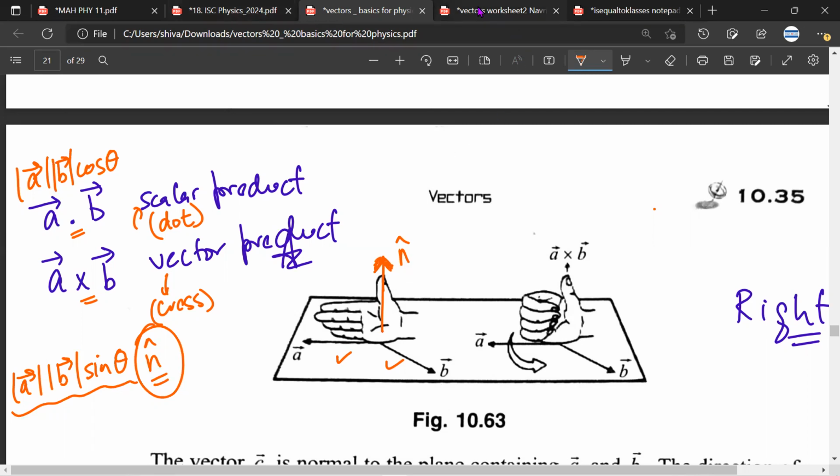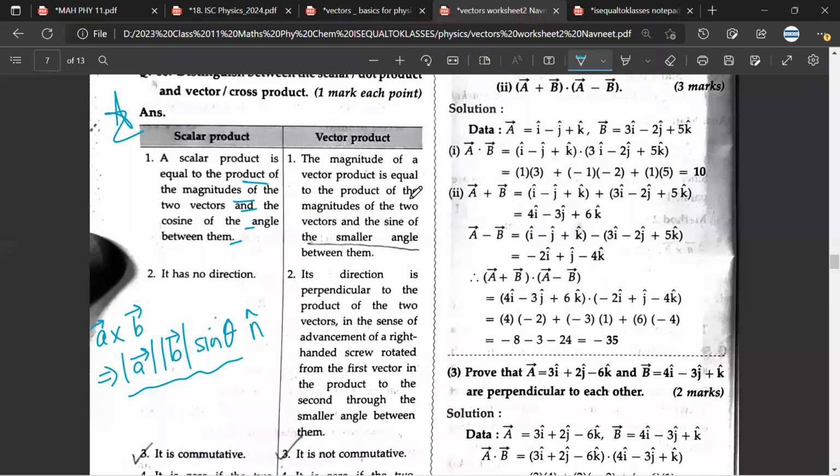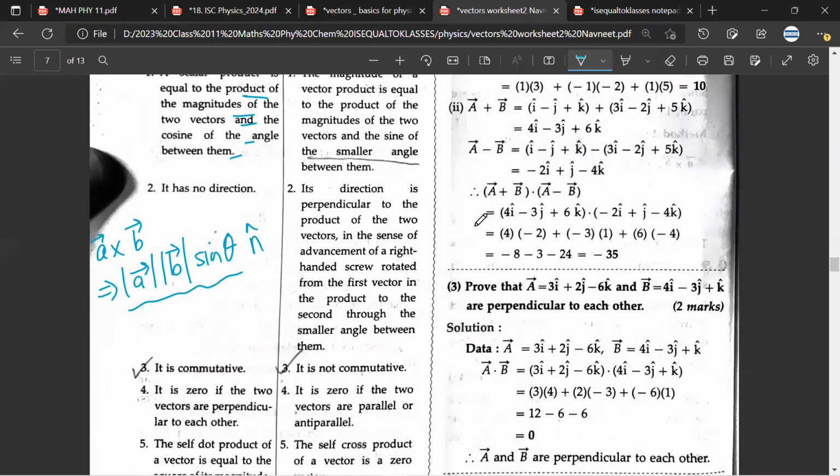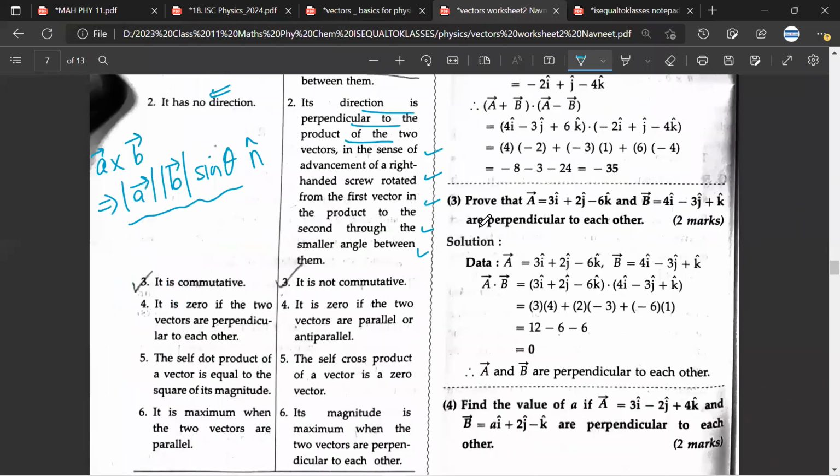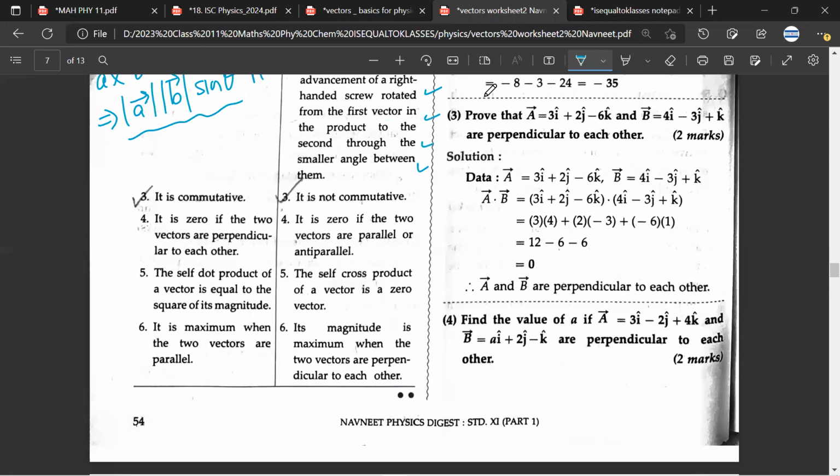Yes, sir. That is why the answer we get in a vector product is again a vector. Scalar has no direction, of course. And in vector, the direction is perpendicular to the plane, in the sense of the advancing screw. This is what we had just discussed. Am I clear till here?